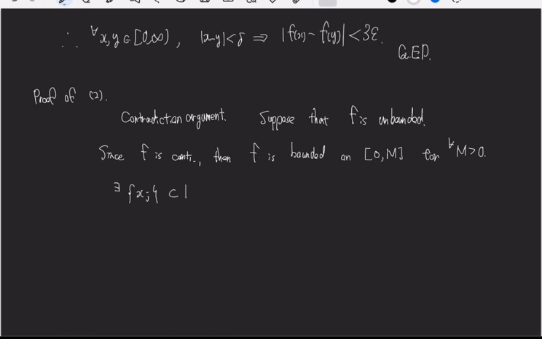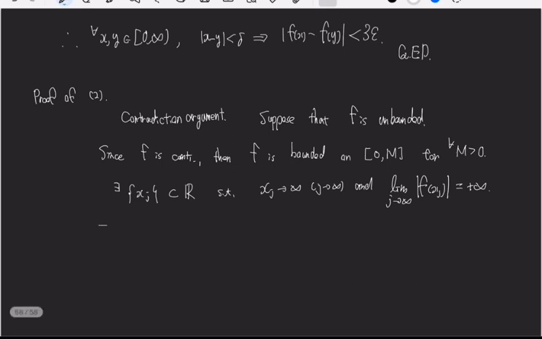That is, there exists a sequence x_j in the interval from 0 to infinity such that x_j goes to infinity as j tends to infinity, and the modulus of f(x_j) goes to infinity when j tends to infinity.